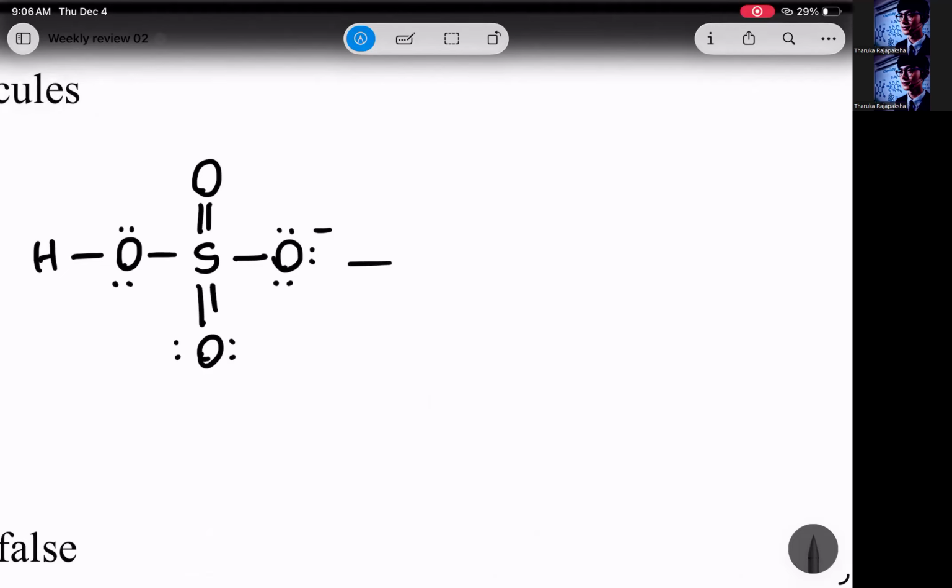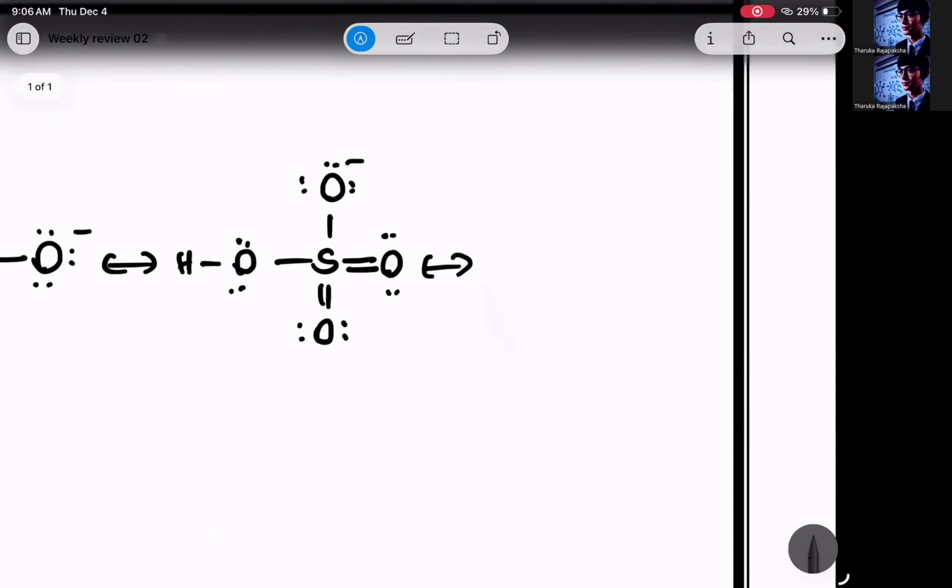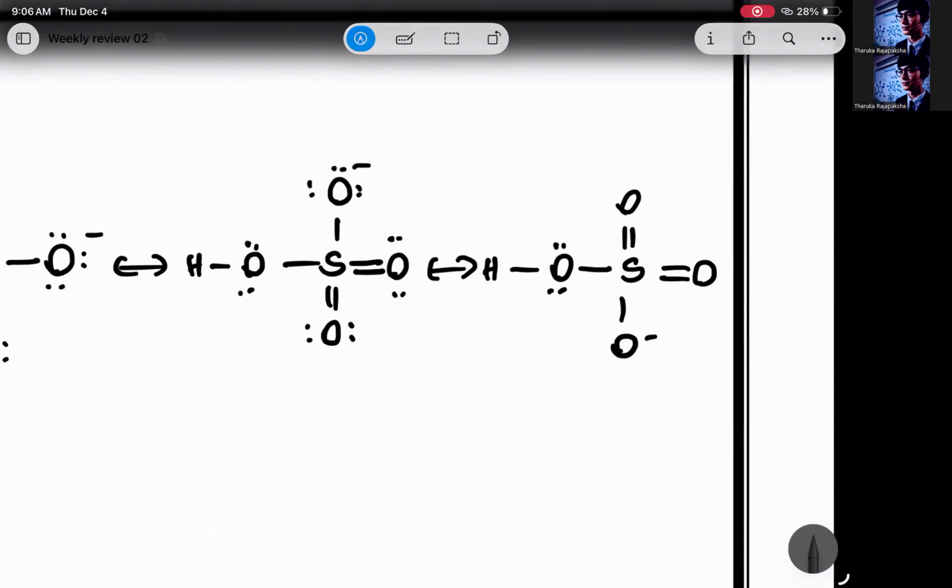There are three structures which are stable. It's the first one, sorry, second one, and the third one. This is the third one.